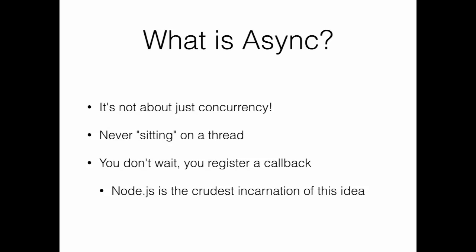I don't have a formal proof that there is nothing more primitive than Node.js, but it's probably pretty close to true. Node.js is very, very asynchronous. It's not concurrent, because it's all on a single thread, but the abstractions are very, very low level. We can do a lot better than that in some ways, and scalaz-stream is one of the attempts to do this. So that's asynchronous programming.